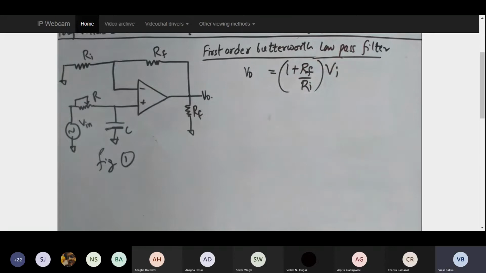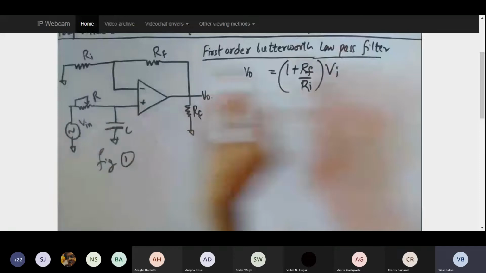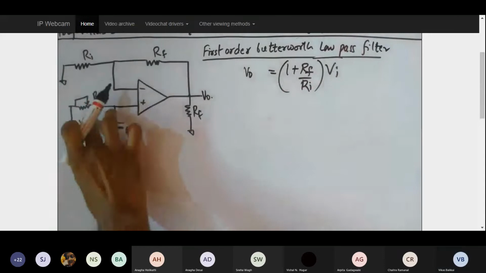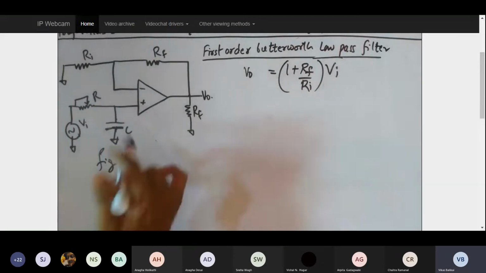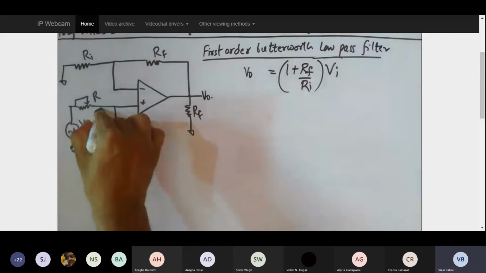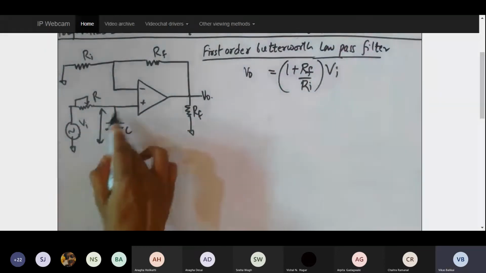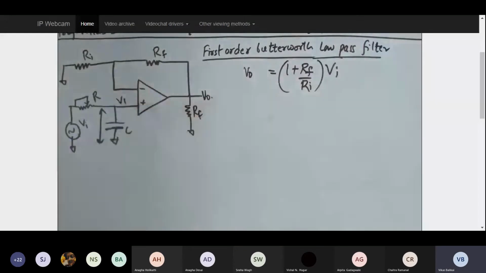I'm not going to consider this as VI, because then I need to consider the effect of the capacitor also. Here the effect of the capacitor is not present. So if I want to consider this as input voltage VI and write the equation, I need to mention the impact of the capacitor. Basically, I need to calculate the voltage across this capacitor. That voltage will act as the input voltage to this op amp. So if I call the voltage across the capacitor V1.